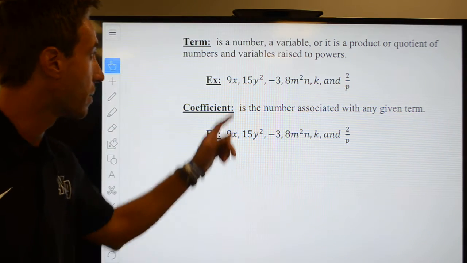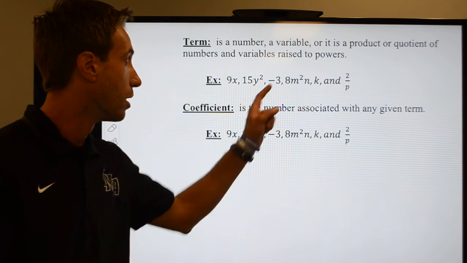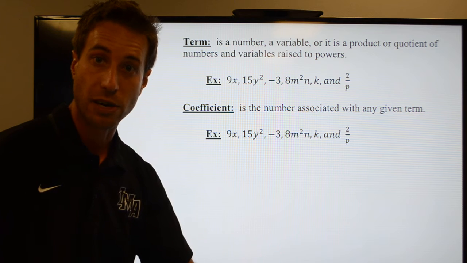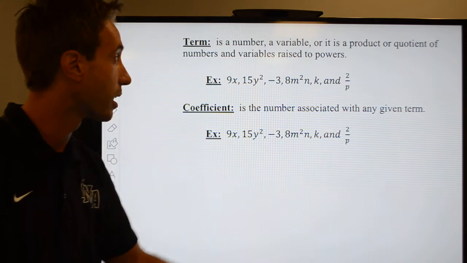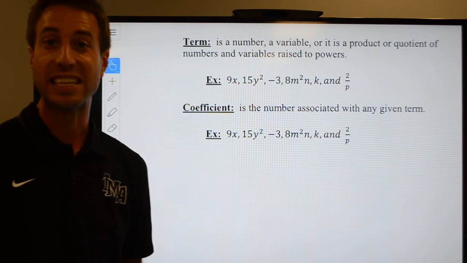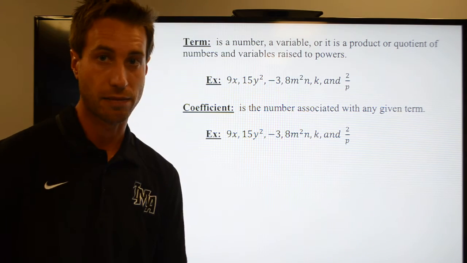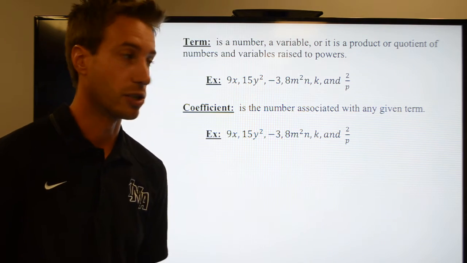You should be familiar with this already from Algebra 1, I'm just reviewing this with you. A couple of things to keep in mind about terms. First of all, a number by itself without a variable is still a term, just like a variable by itself without a number is still a term. It doesn't have to have both a number and a variable.